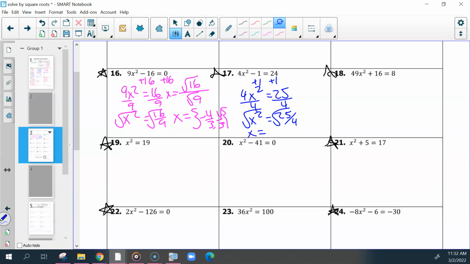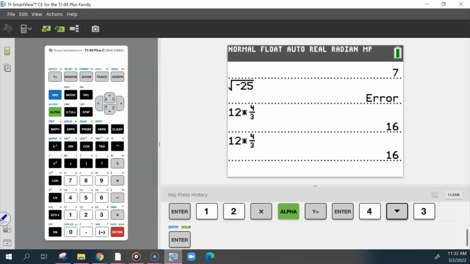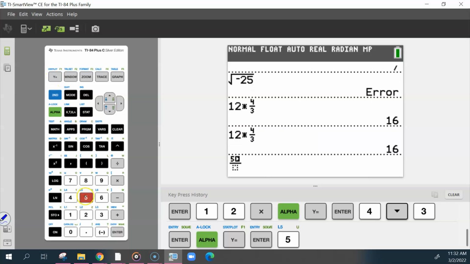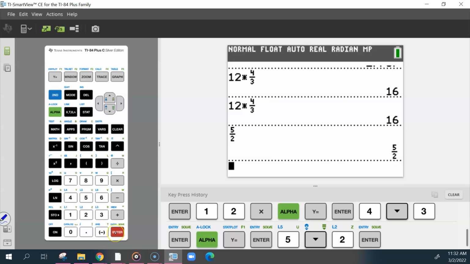So this would give me what fraction? 5/2. Now some of these will give you fractions that you can simplify. So if you're not sure, put it in your calculator as a fraction, because your calculator will give you the simplest version of that fraction.